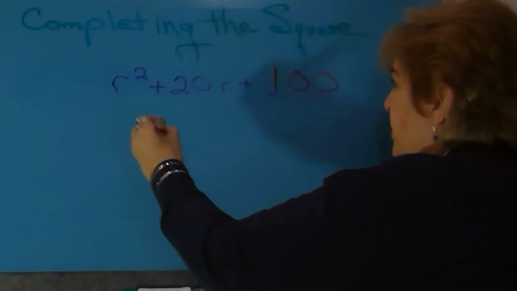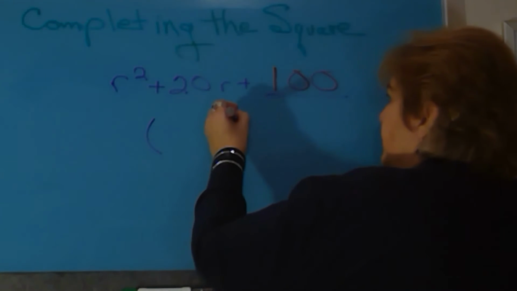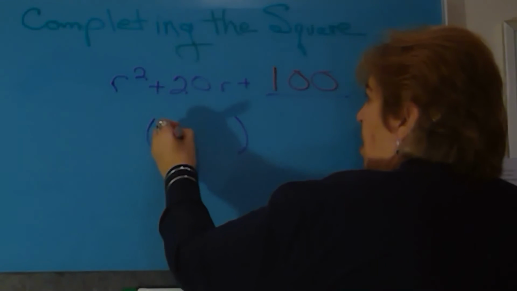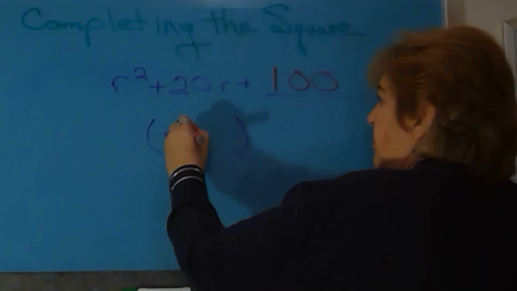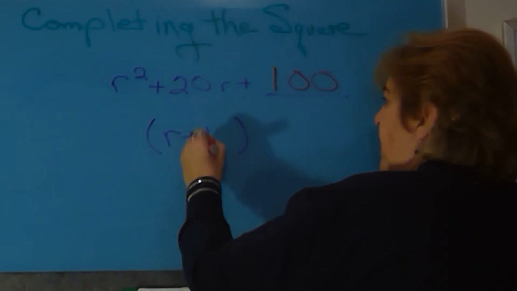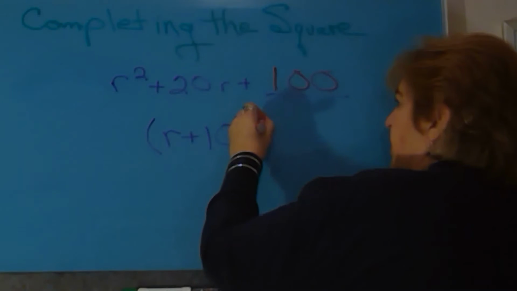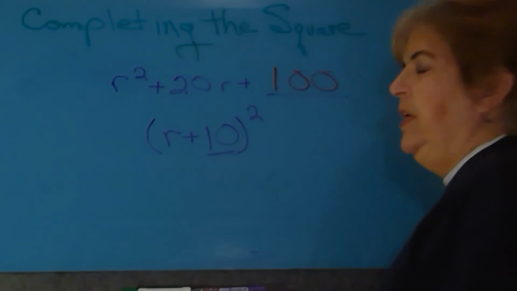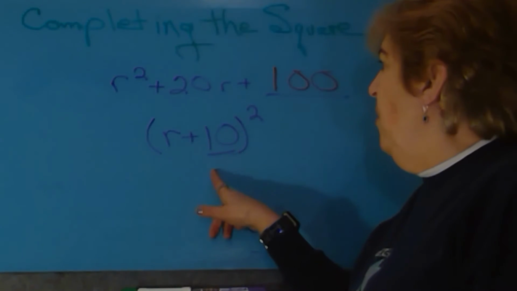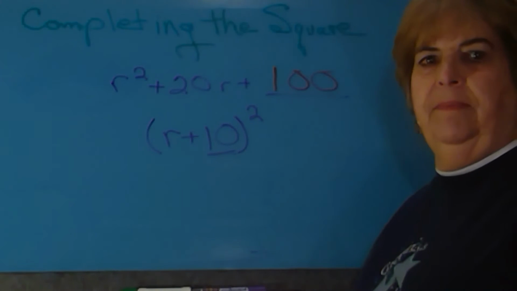Now, what does this become? This is the same as r, use that sign, plus 10 squared. The number that goes there is always what you had before you squared it.